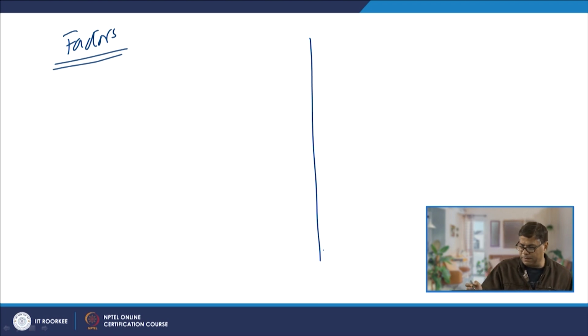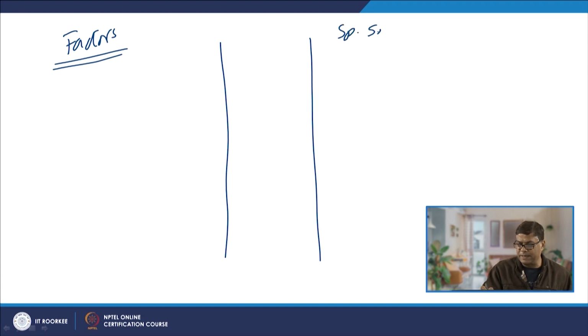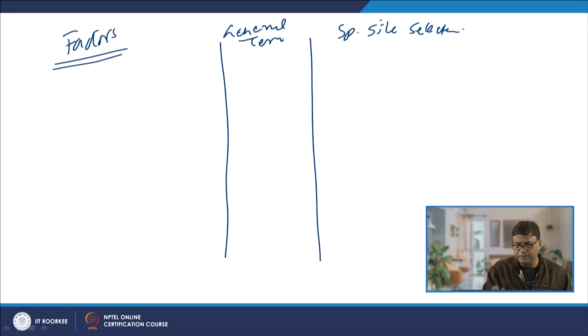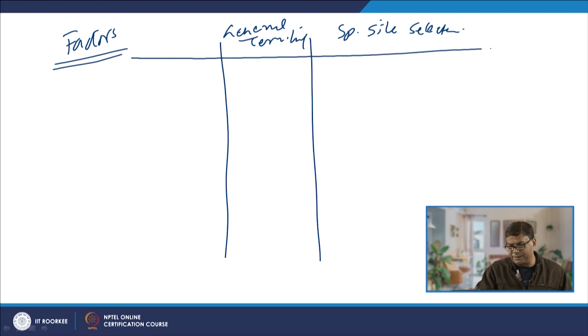For example, here if we see the specific site selection, like city, rural or urban area, or the general territory selection. Although these factors are common, their relative importance can vary significantly.